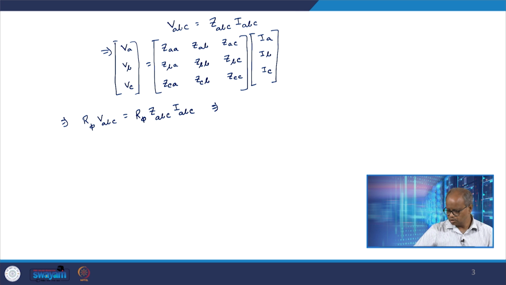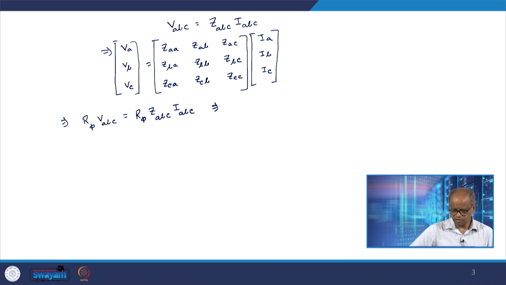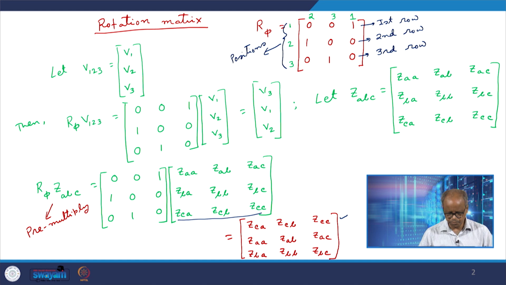We have already proved that R phi into V ABC gives V C, V A, V B. And we have already said that R phi into ZABC shifts the third row to the first position, the first row to the second position, and the second row to the third position.